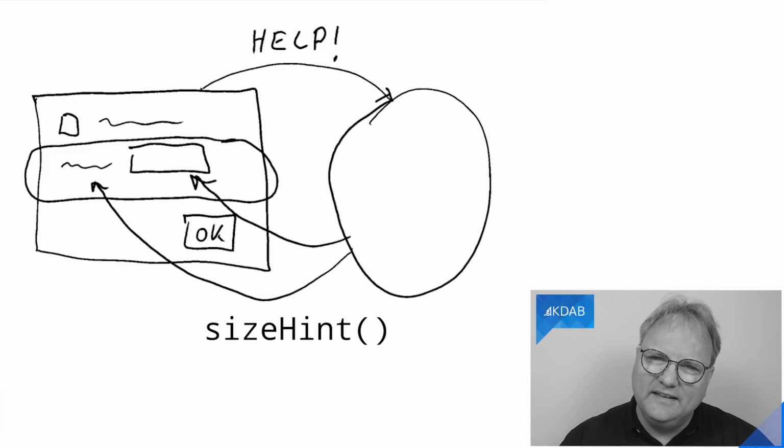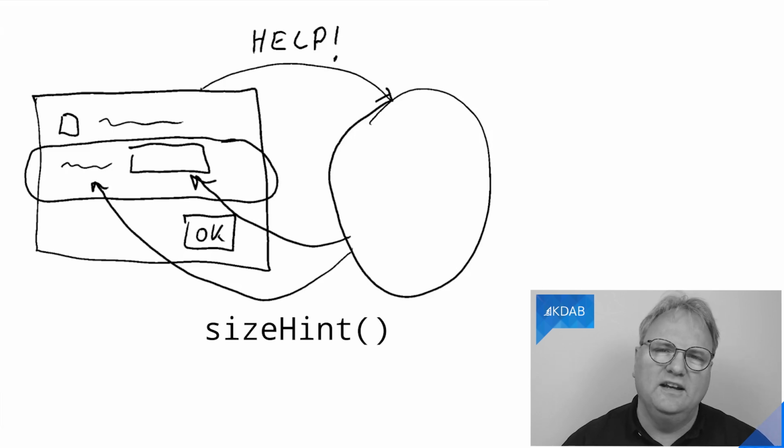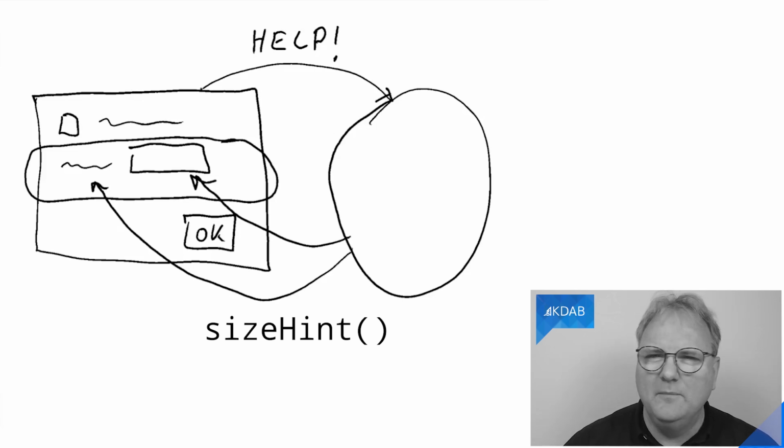Okay, imagine that I was actually resizing the dialog a bit below the sum of the sizeHint of these two. Then the layout manager would all of a sudden realize I cannot give them both what they want. What I'd have to do now is to ask them, would it be okay with you if I make you a bit smaller? So it would ask again the label, in a perfect world I know that you want 300 pixels, but it's not a perfect world anymore.